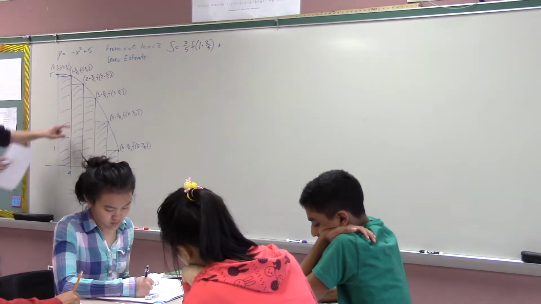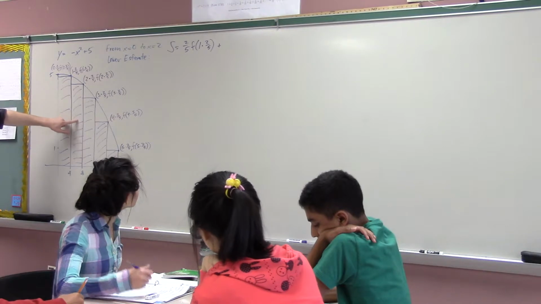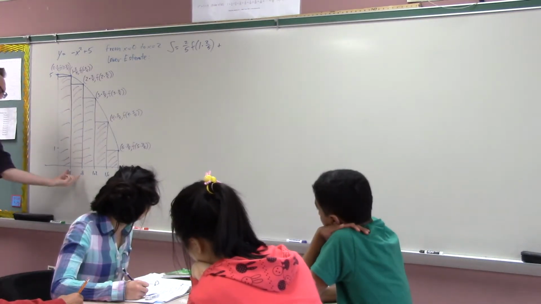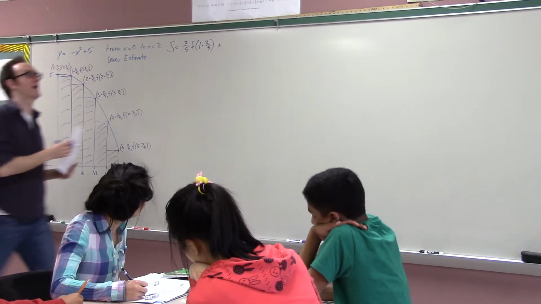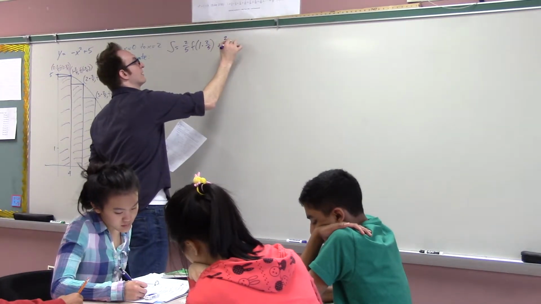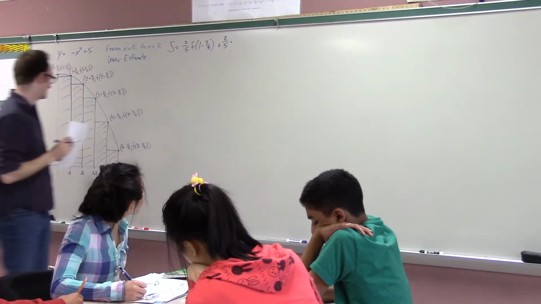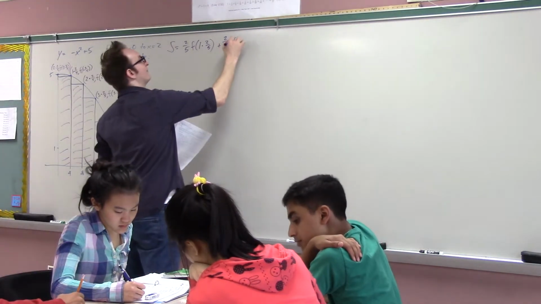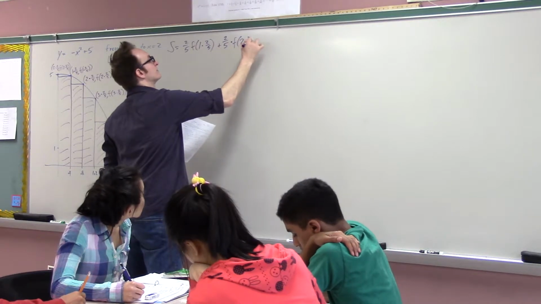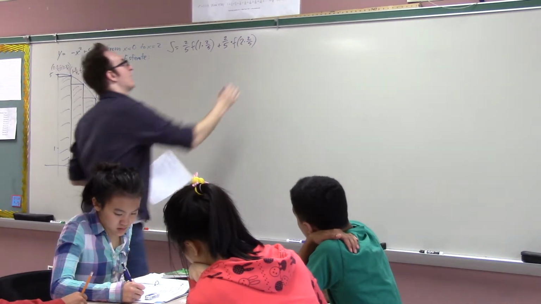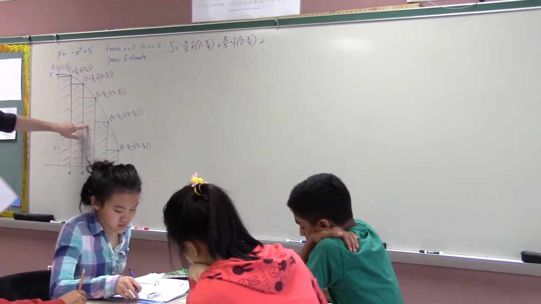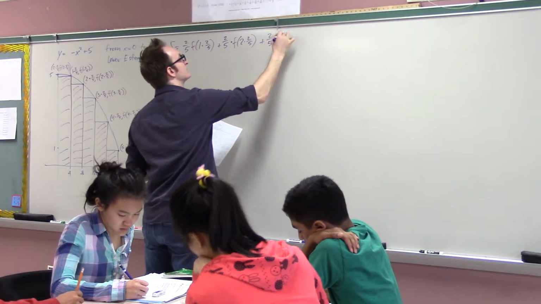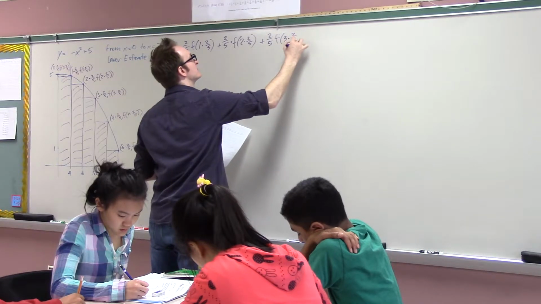What is the area of the second rectangle? What's the width? 2/5 is the width, times the height of the second rectangle, f of 2 times 2/5. What's the area of the third rectangle? 2/5 times f of 3 times 2/5.